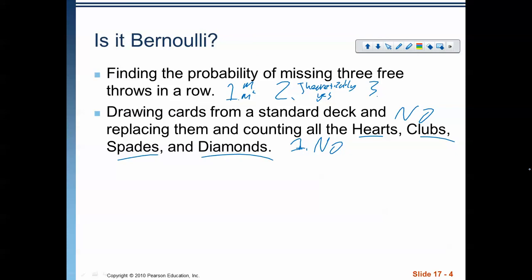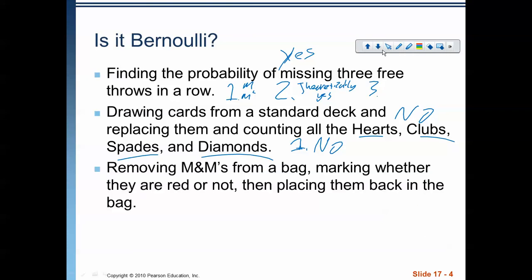Theoretically, yes, they should be independent, but maybe if I made the first two and I'm just a super nervous person, that third one's going to be harder because those two are dependent on the third one. So I'm going to go ahead and call this one a yes. There's certainly some arguments that could be made to call it a no, but you probably would be wrong, like I said.